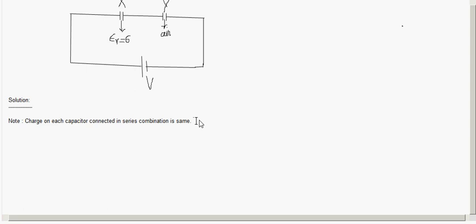Two capacitors having the same plate area and an equal separation have equal capacitance in air or vacuum.